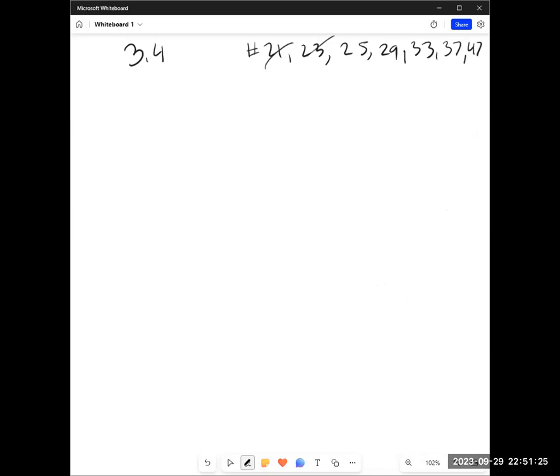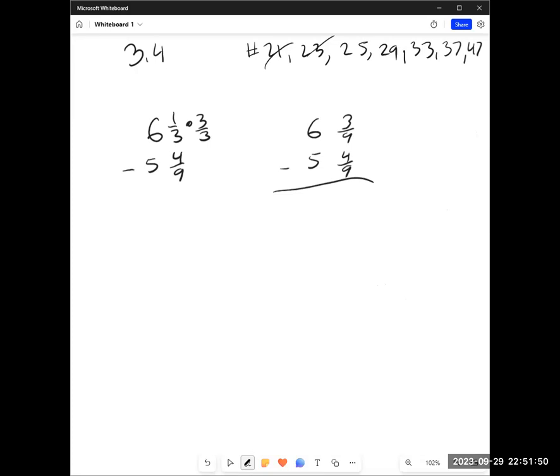So that takes care of the ones that were like 21 and 23. Let's move on to the one that's like 25. 6 1/3 minus 5 and 4/9. We're going to multiply by 3 over 3. That's going to become 6 3/9 minus 5 and 4/9.